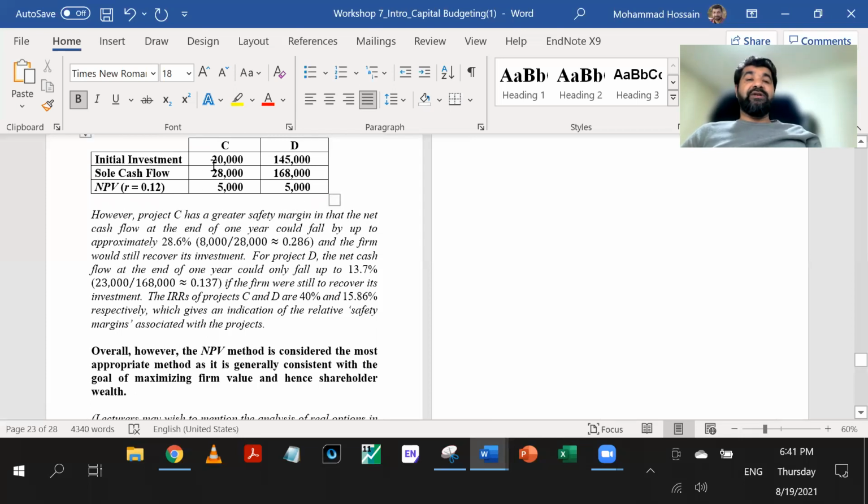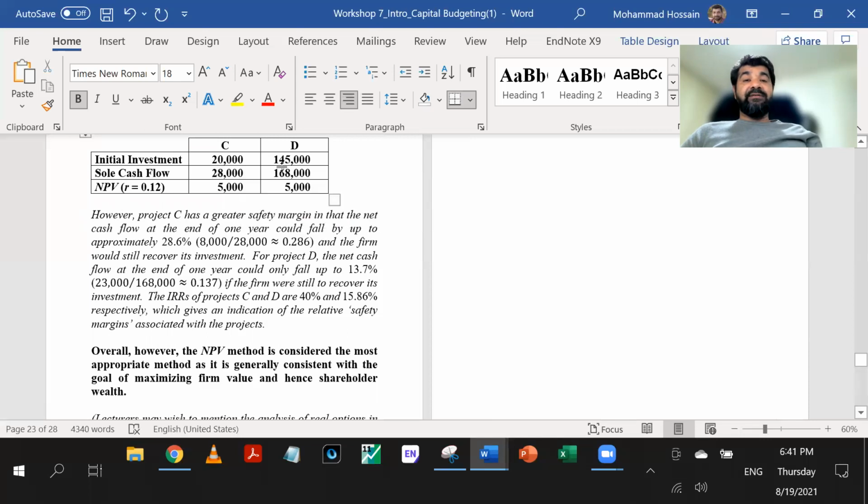Look, with an initial investment of 20,000 in project C, the cash flow coming out is 28,000. So what percent of your cash flow can go down? Of 28,000, 8,000 can go down at most. If more than 8,000 goes down, it is negative, a loss.